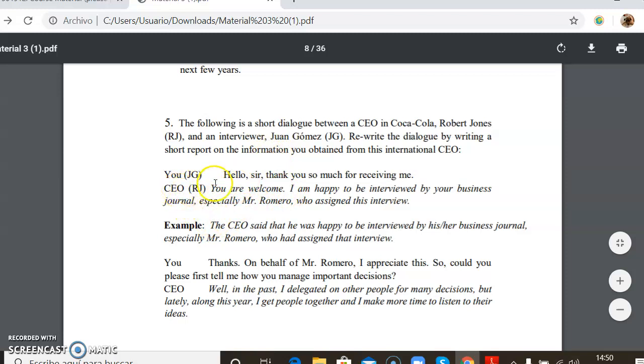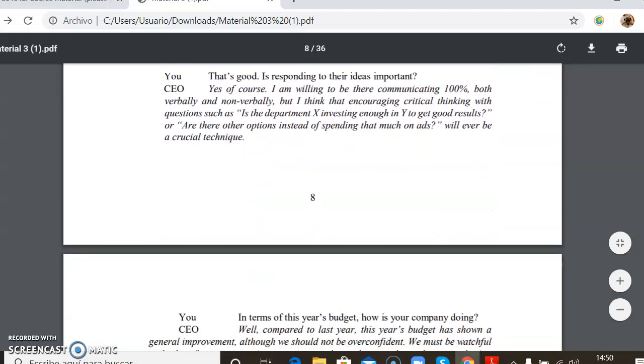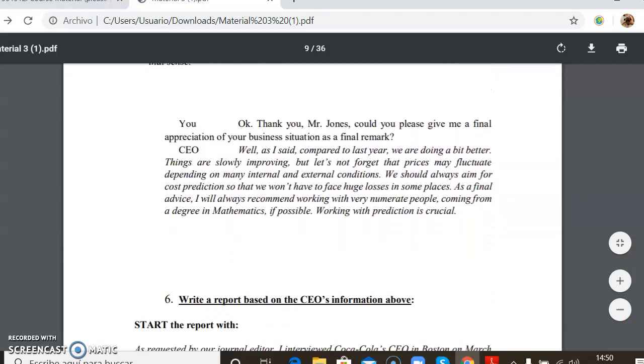For example, the CEO answers here. So you write what he said. The CEO said that he was happy to be interviewed, blah blah blah. So always in the indirect style. The same thing for all the answers by the CEO. Okay, all the answers you have to report in the indirect style.